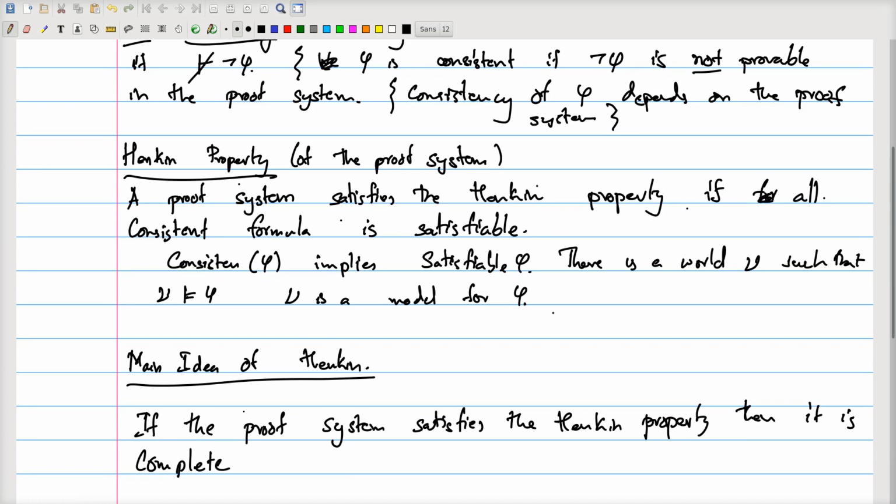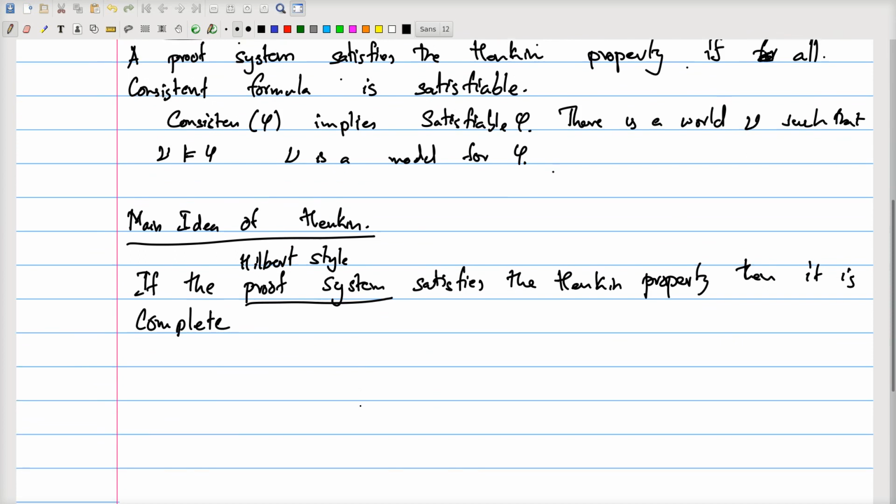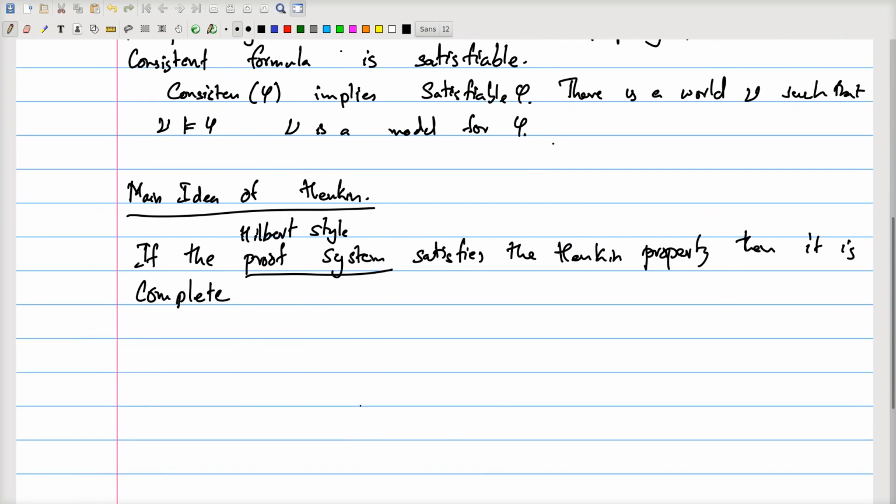If the proof system, let's stick to the Hilbert style, the Hilbert style proof system that we saw, if it satisfies the Henkin property, then it is complete. So we will show this. But how do we show this?